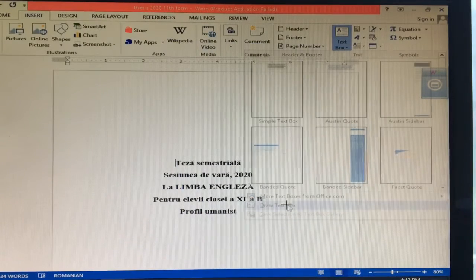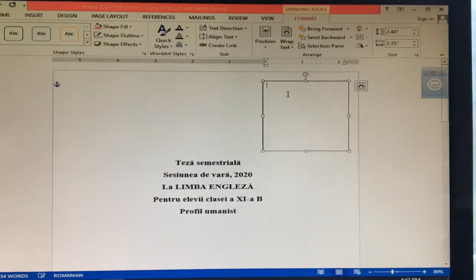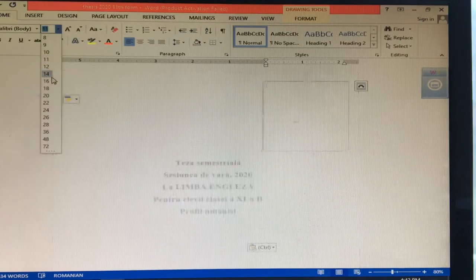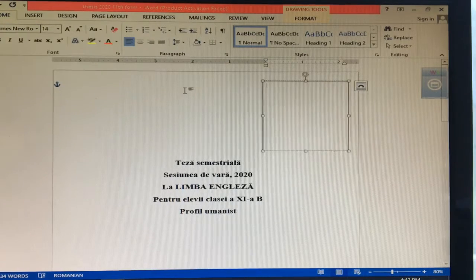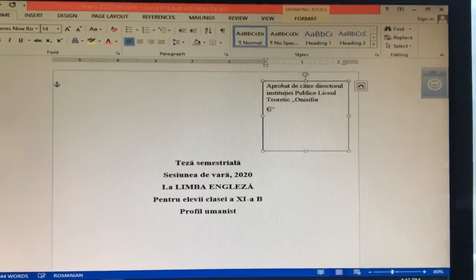So I should also write here according to the requirements that we have in our school. And of course having everything look nice.